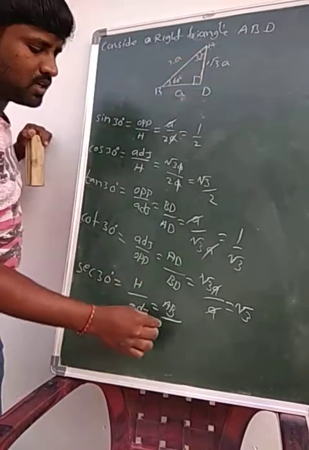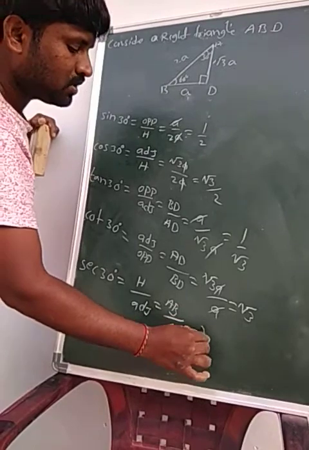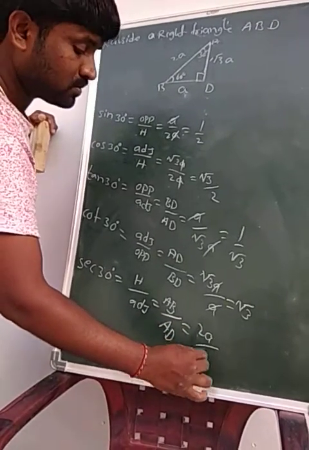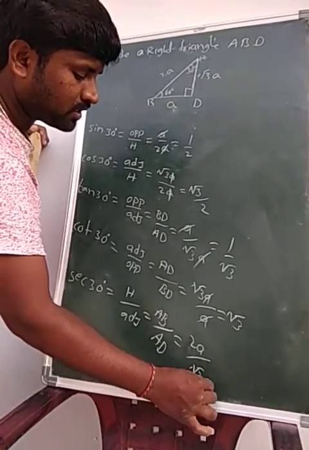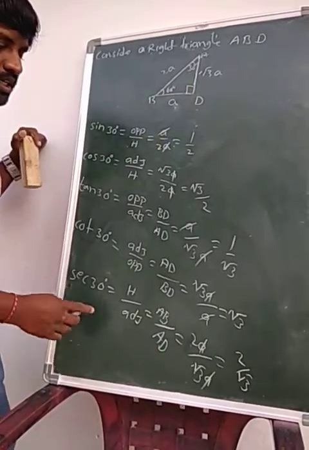So hypotenuse is AB, by the adjacent side AD, which is 2A by root 3A. A cancels, so that is 2 by root 3. Sec 30 equals 2 by root 3.